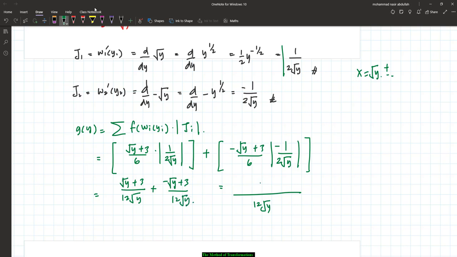So dekat sini dia tinggal 3 saja. Right? 3 kah? 3, 6 lah. 3 tambah 3, 6. Right? So square root of y minus square root of y, 0. 3 plus 3 is 6. This one should be 1 over 2 square root of y.